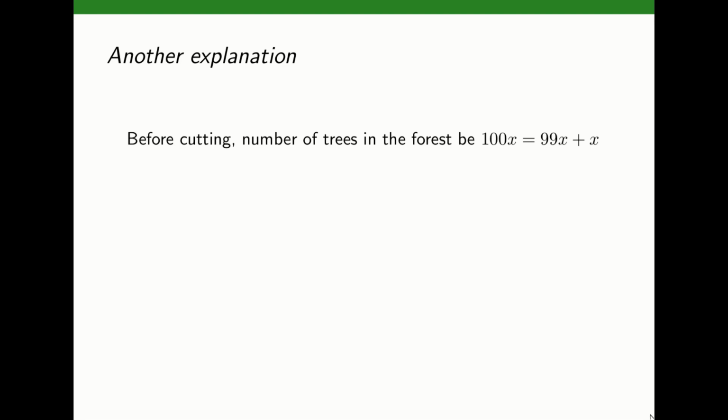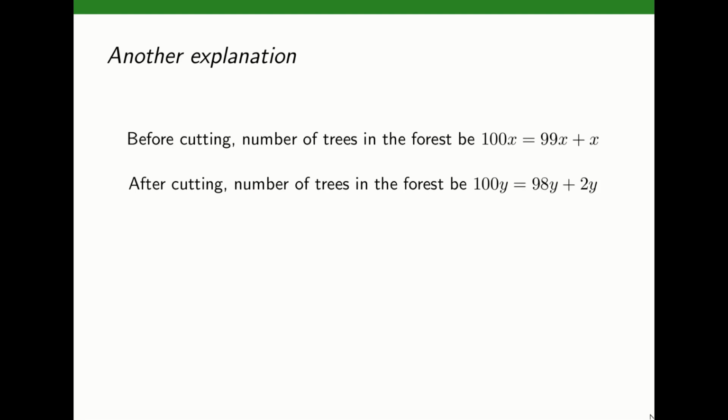After cutting, the number of trees in the forest is 100y, which is 98y sal trees, and 2y other trees. But 2y is actually x because the quantity of the other trees has not grown. That has remained the same. So we get y equal to x by 2, half of x.